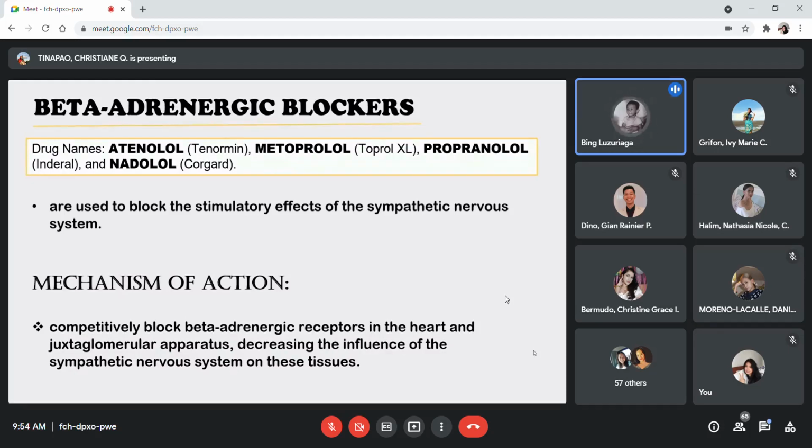Why will your cardiac output be reduced? How does it decrease your cardiac output? Hello, are you still there? Yes, Doc.